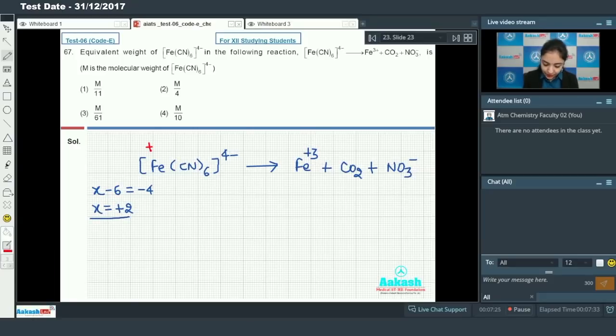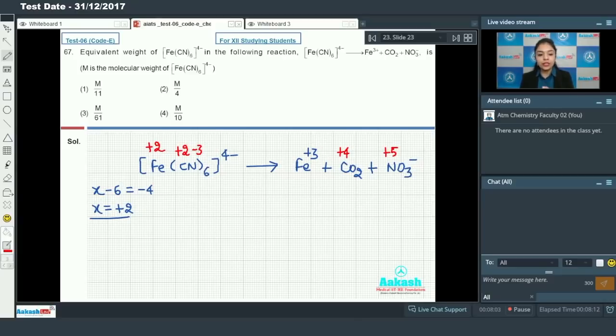So iron is in the plus 2 oxidation state and it is converting into iron plus 3. Here we have the cyanide. In cyanide, the oxidation state of carbon is plus 2, and it is converting into plus 4 in carbon dioxide. Now the oxidation state of nitrogen in cyanide is minus 3, and it is converting into plus 5 in NO3 negative.